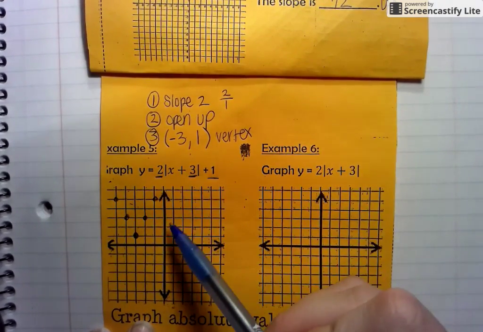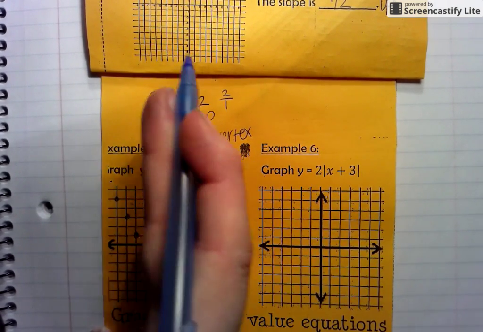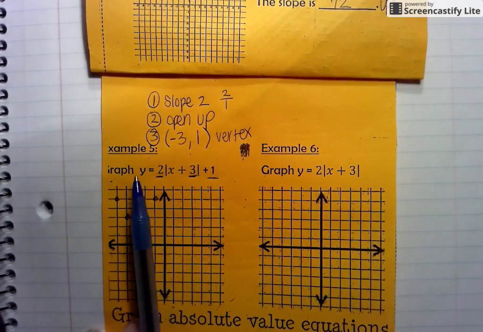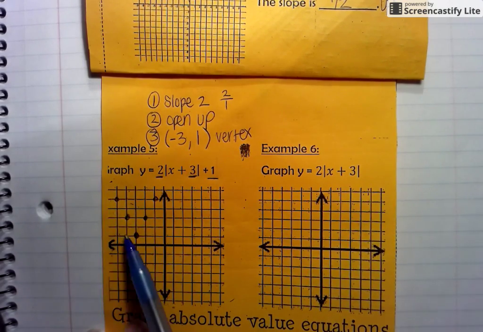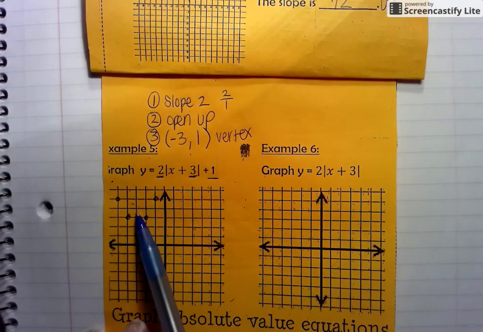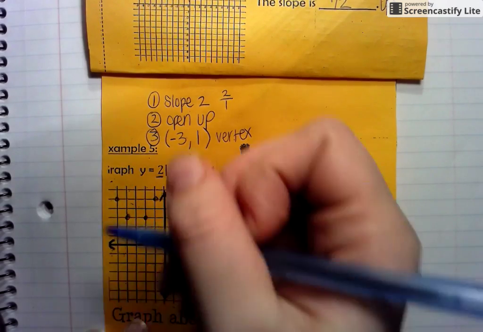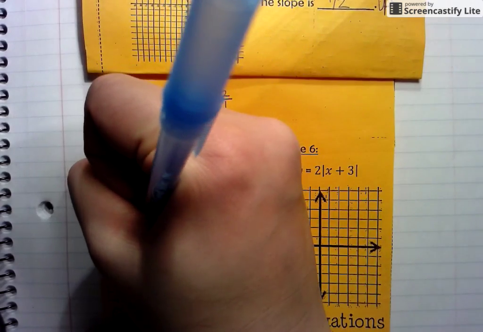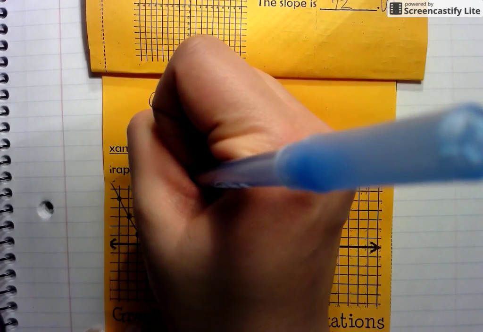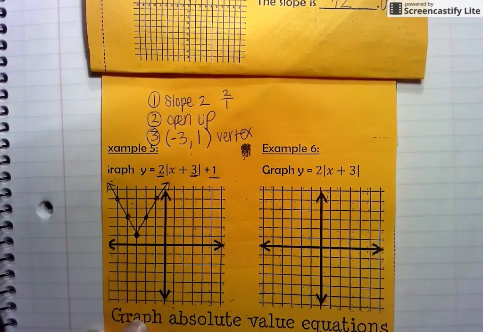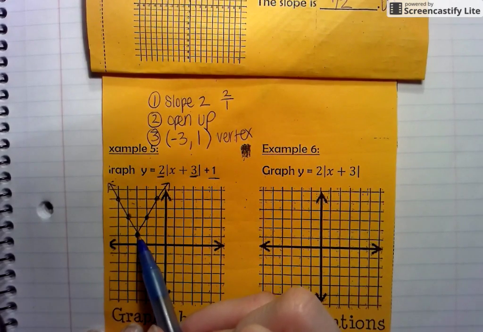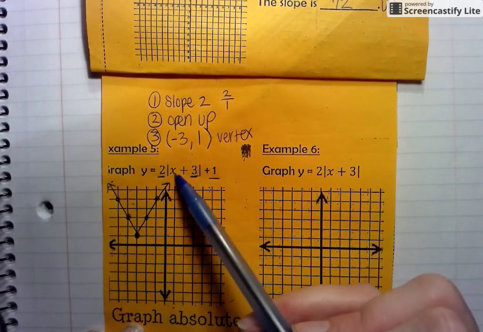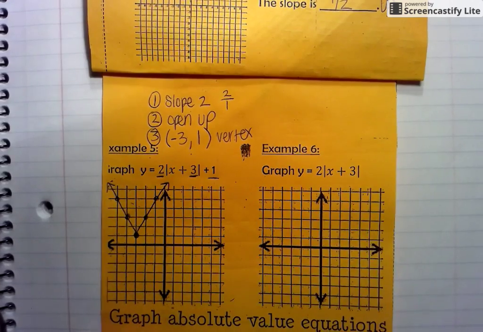The reason I do that is it's going to be a function because it passes the vertical line test, and it's symmetrical. So you're always going to be about the same points away on both sides. So I'm going to make this a graph, and it's a V graph. You want to make sure it's facing up. In this case, this vertex is going to be our minimum point because it's facing up.